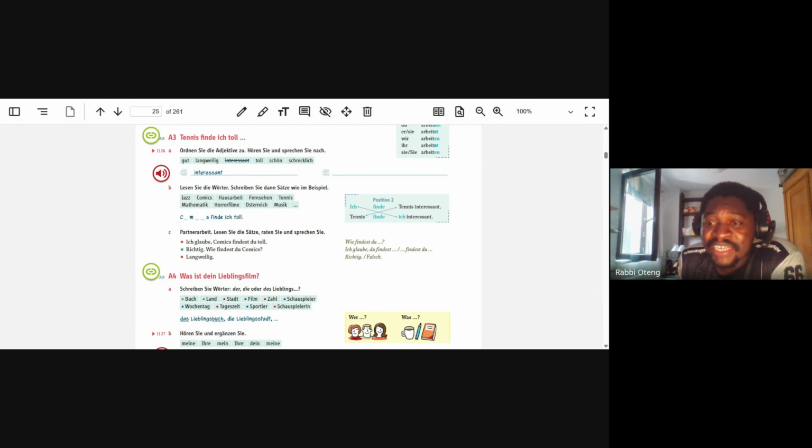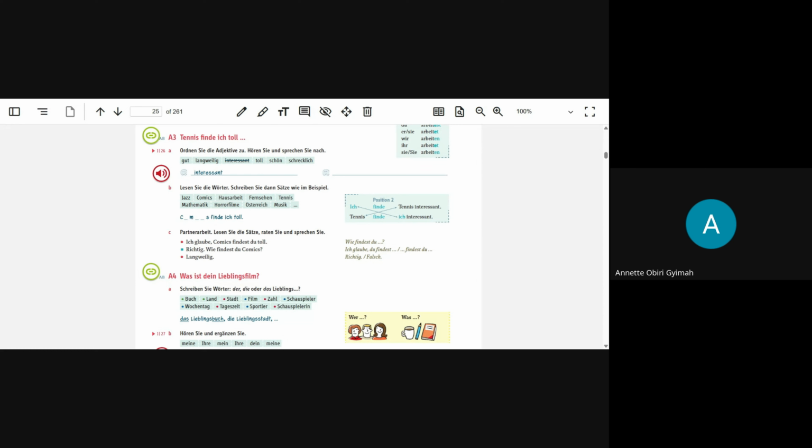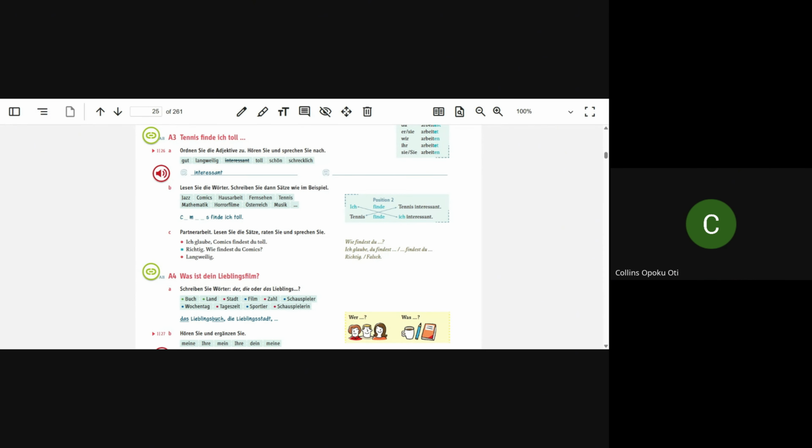You can choose, but if you use the article, you are talking about this particular swimming. Without it, you are talking about swimming in general.